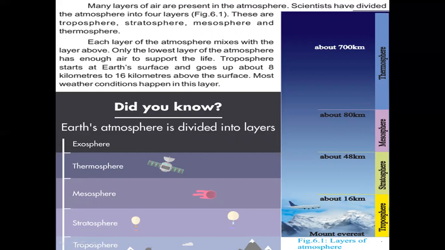These are: number 1, troposphere, stratosphere, mesosphere, and thermosphere. They are given the name sphere because earth is like a sphere, and they are around the earth, that's why they are called sphere.